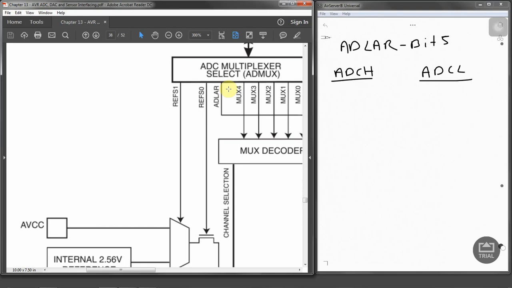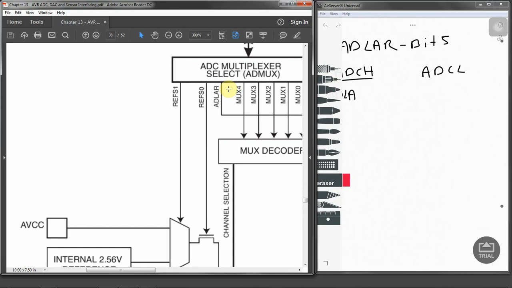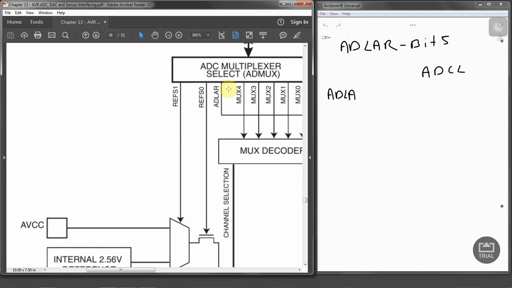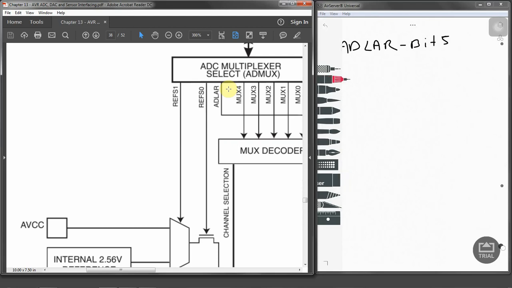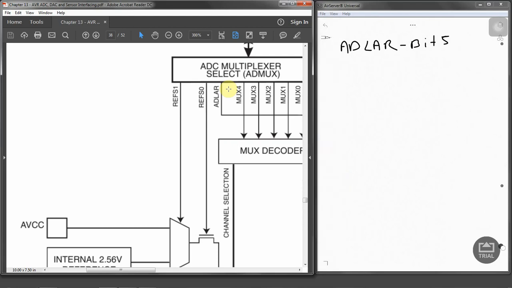What we can have is, for ADCH and ADCL, the high byte and the low byte.